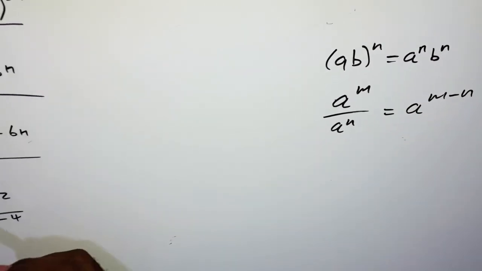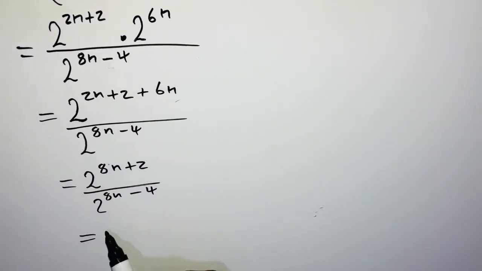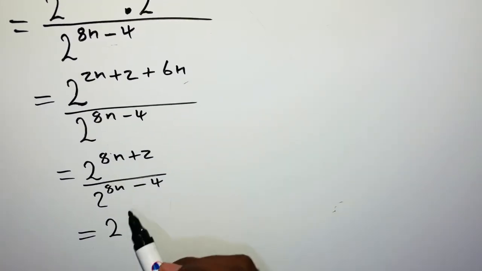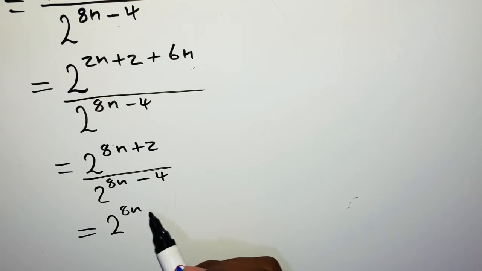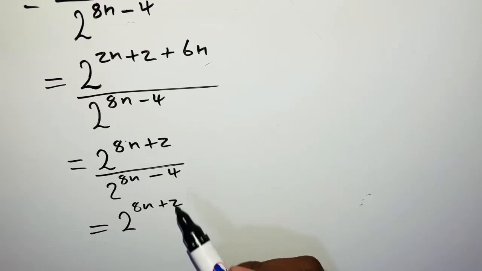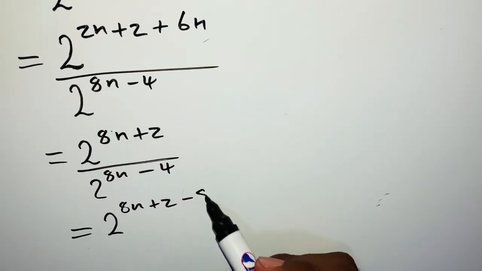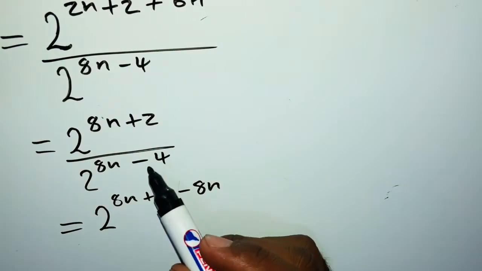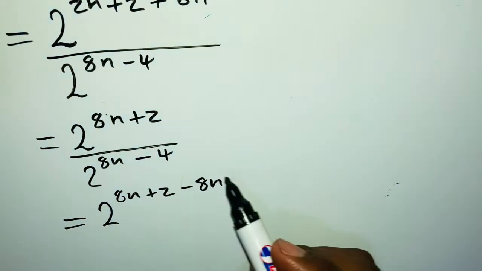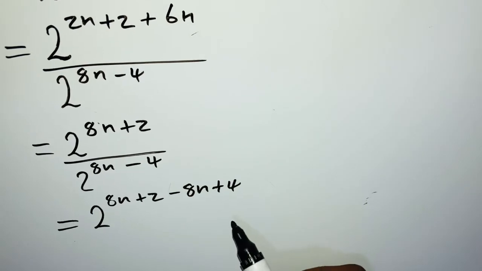So in this instance as well, we'll do the same. We'll take one base, which of the top part we have 8n plus 2. We take this bottom exponent up, the sign will change of 8n to be minus 8n. We take 4 up as well, the sign will change to be plus 4.